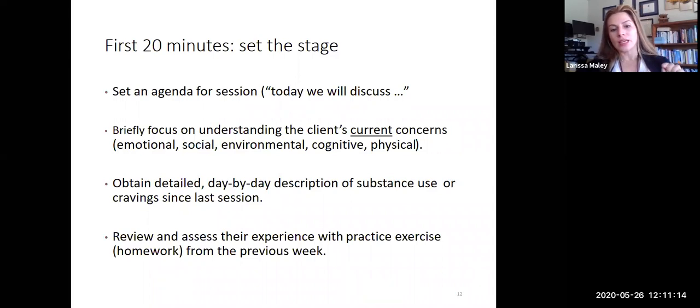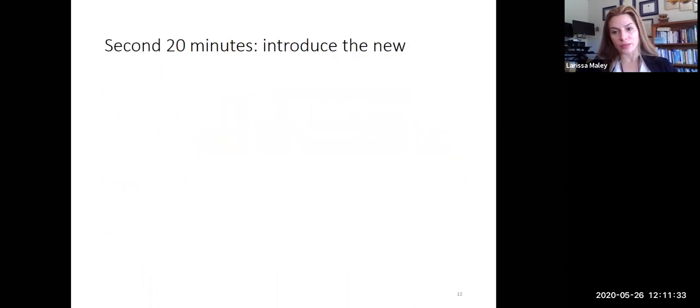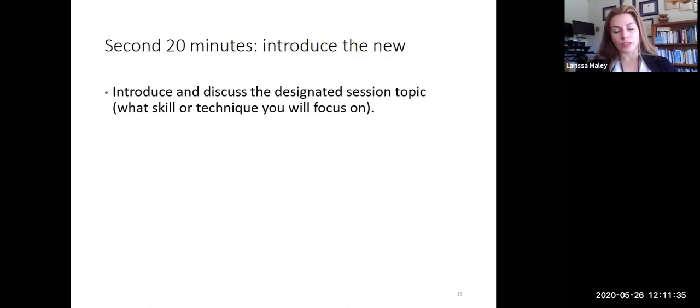You want to obtain detailed information as it relates to the skill you're going to teach that day, and then you spend a little bit of time exploring their experience with any homework that might have occurred in the previous week. Another major component of CBT is all the work that patients do in between seeing you as the provider. So you always want to check in on that. How did it go? Any additional supports that they need to continue to do their homework?